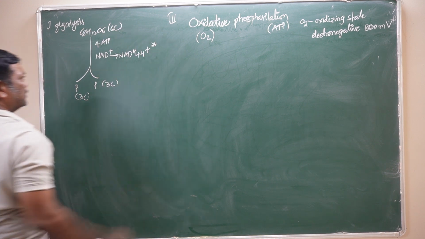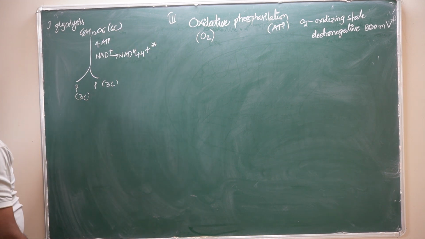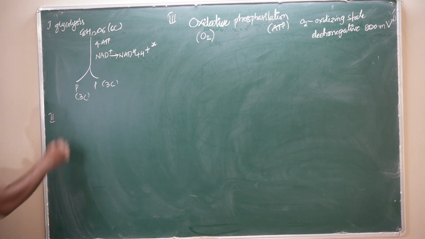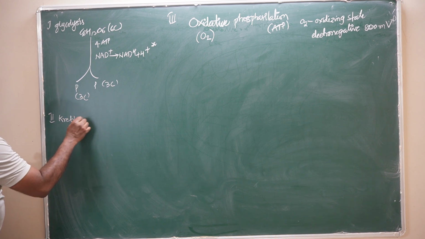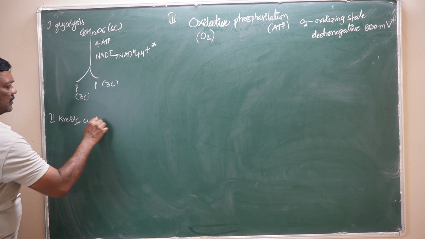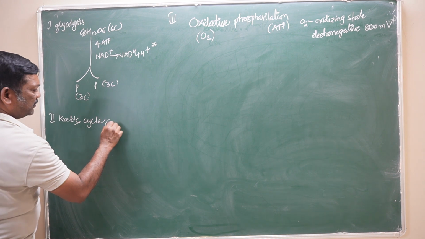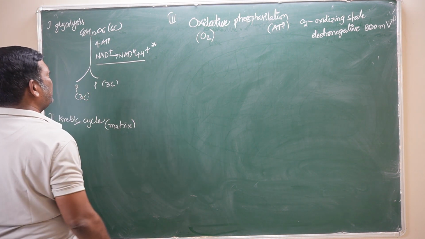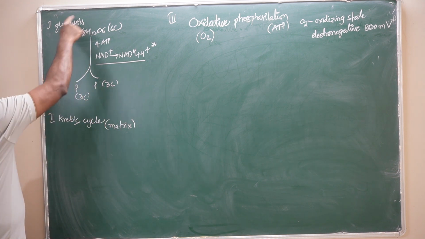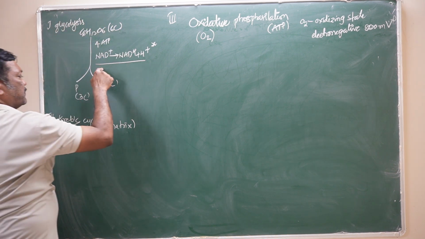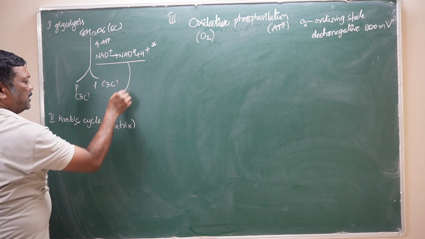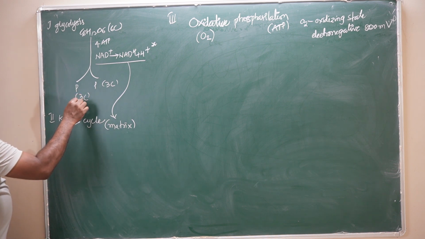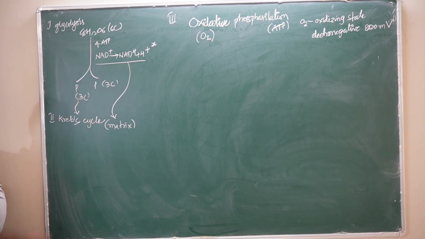Number 2 stage is the Krebs cycle. The Krebs cycle takes place in the mitochondrial matrix, so the NADH molecules which are formed in the cytoplasm, because glycolysis takes place in the cytoplasm, enter the mitochondrial matrix. Also, the pyruvate molecules enter the Krebs cycle.